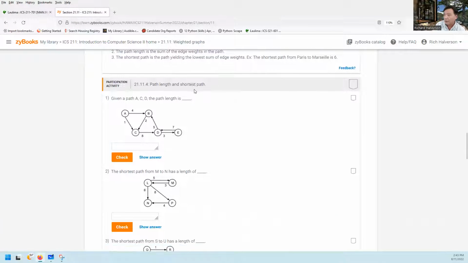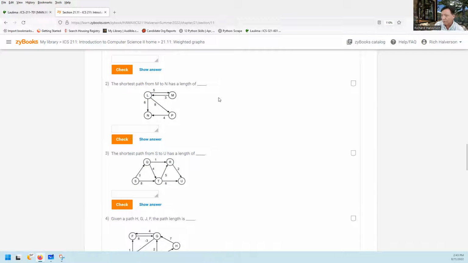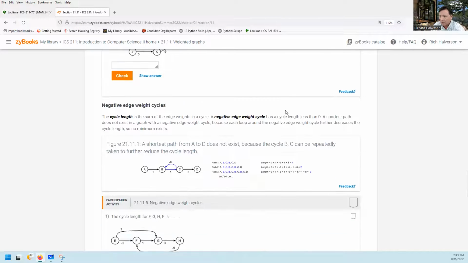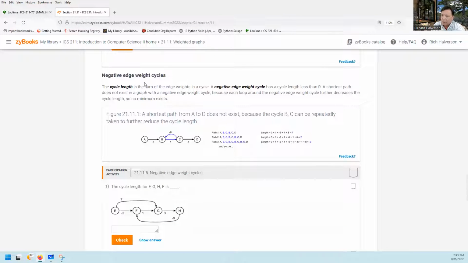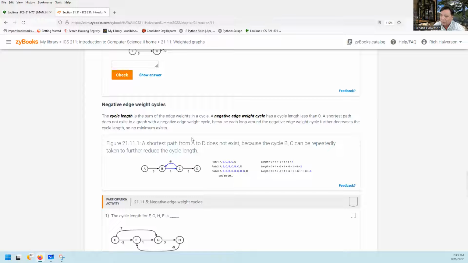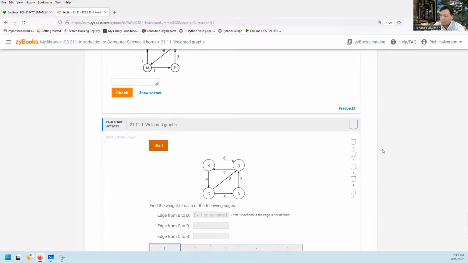For path length and shortest path, you consider the weights or the lengths, whatever the numbers are supposed to designate. There can be negative weights or negative edges, and then there's cycles and so on, negative cycles, and so it's pretty much what you'd think.